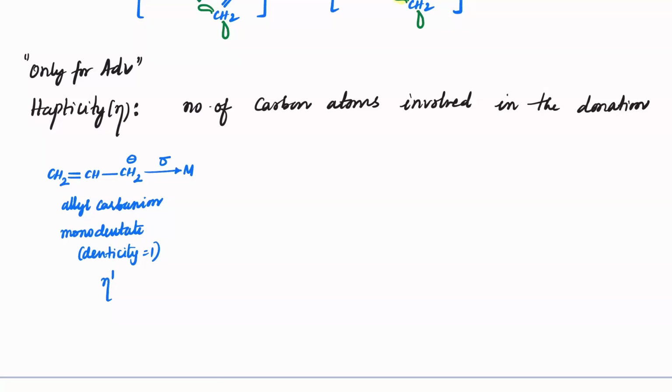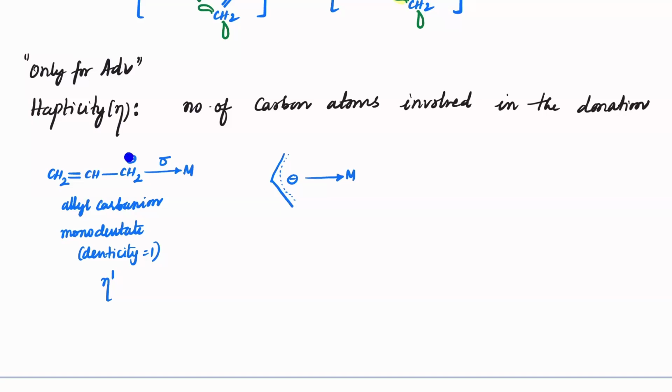But if the same compound is written like this, and I show that there is a connection towards the metal like this, correct? Which means the entire minus charge, which is present over the resonance stabilization of this molecule, is connecting to the metal. So how many pairs should we count?